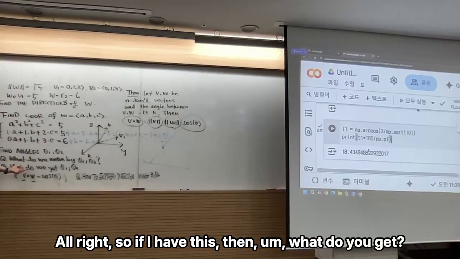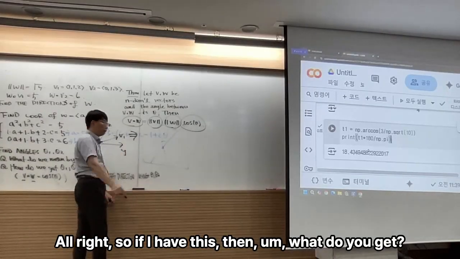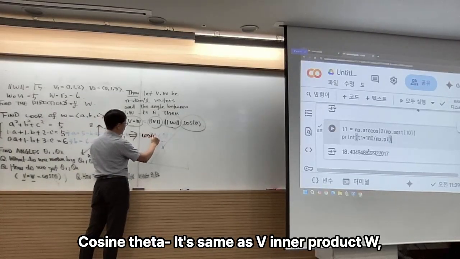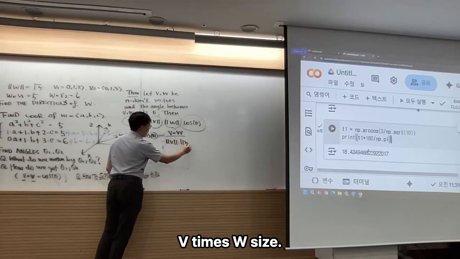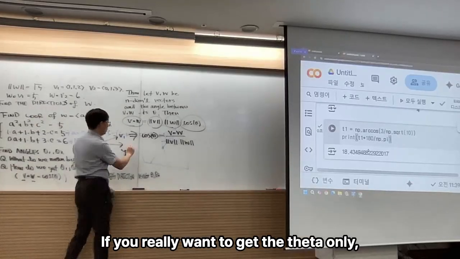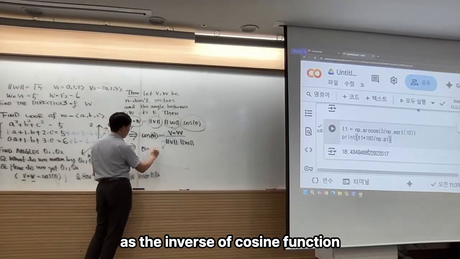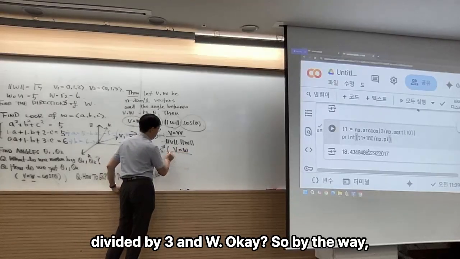All right, so if I have this, then what do you get? Cosine theta is the same as V inner product W divided by the size of V times the size of W. If you really want to get theta only, then you can get theta as the inverse of cosine function applied to that ratio.